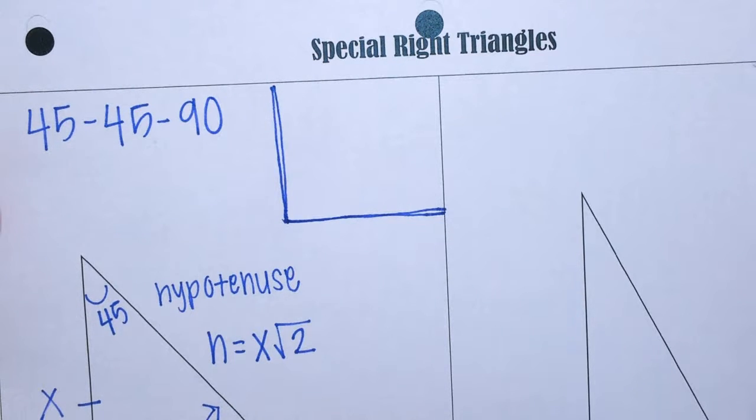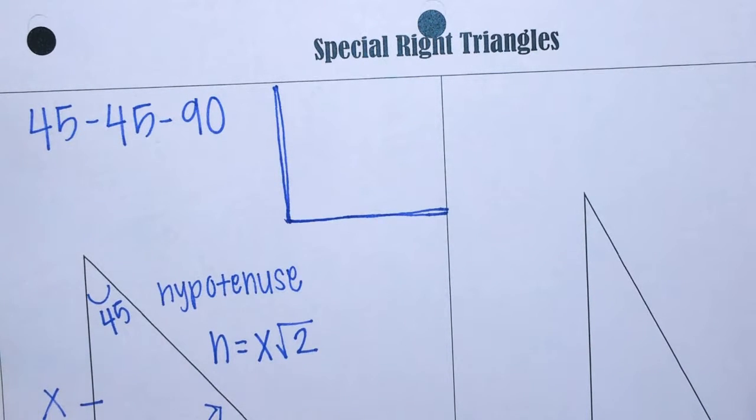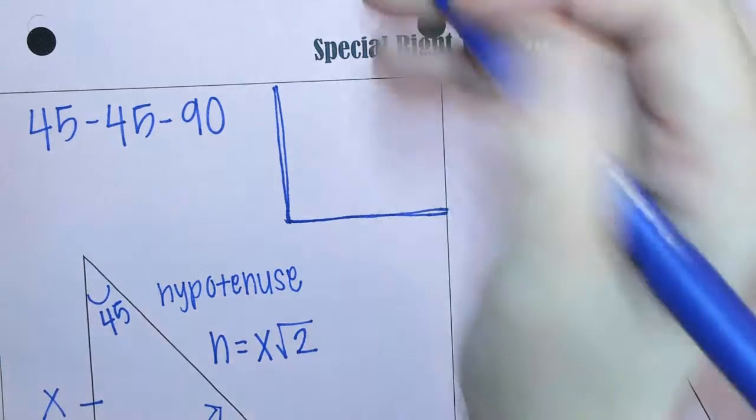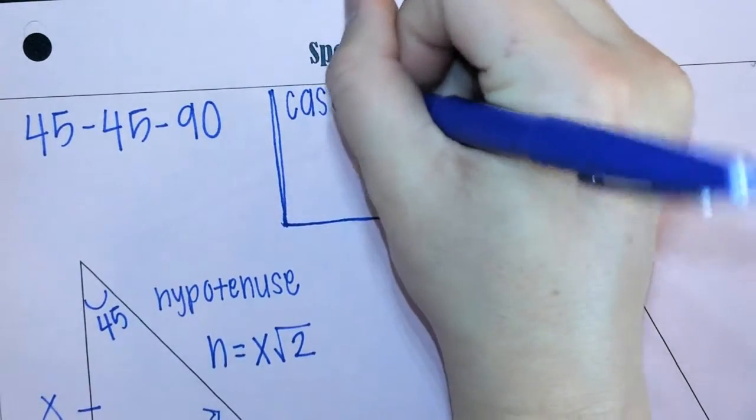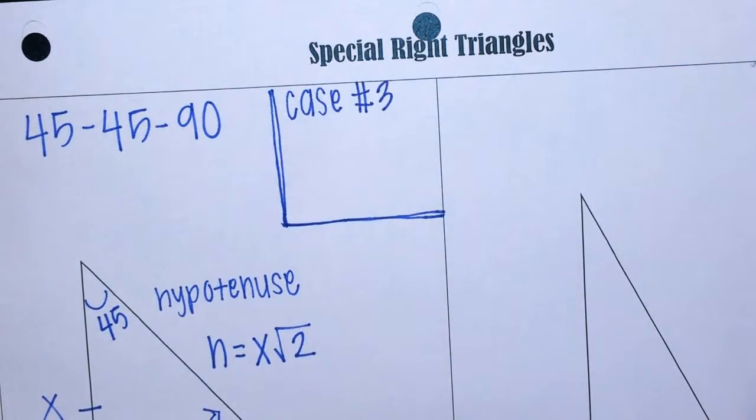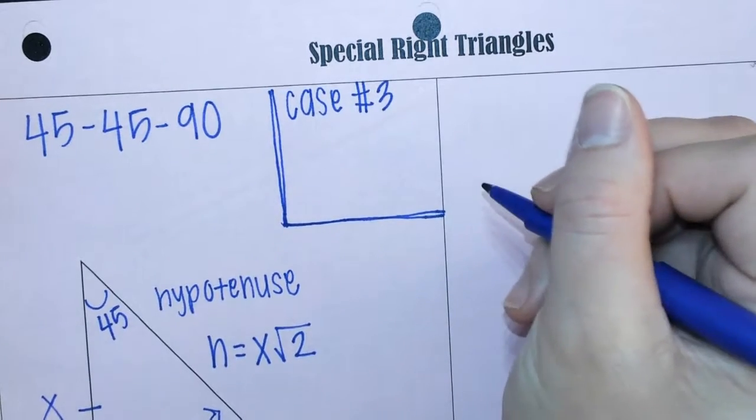Don't lose this cheat sheet. I'm about to write something, and I just need you to trust me. Do you trust me? Yes. In the case of case number 3, you need to use this formula. It's not a mile long.